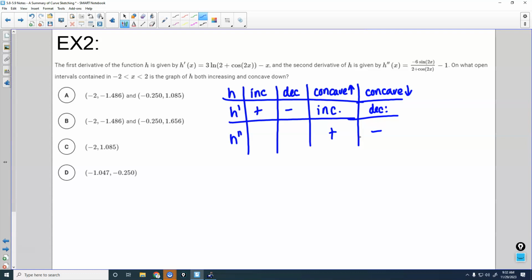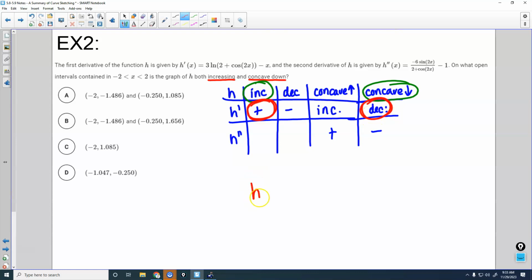But to save time here, we are looking for increasing and concave down. Which means if we just look at the first derivative, we're looking for where the first derivative is positive but decreasing. Right?